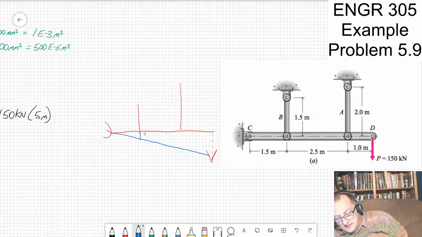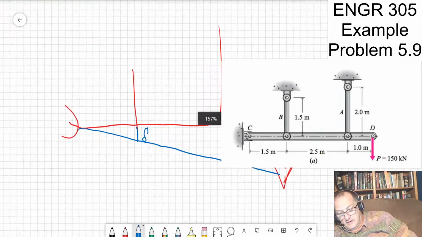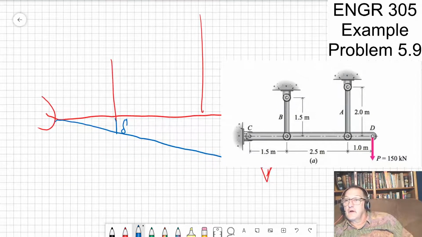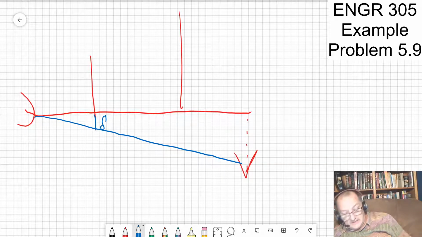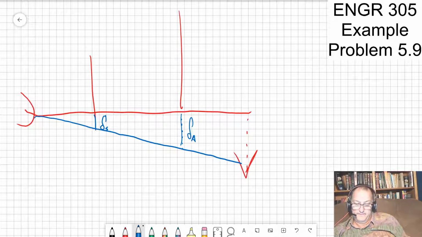And this is delta in the steel, and that is delta of the aluminum.